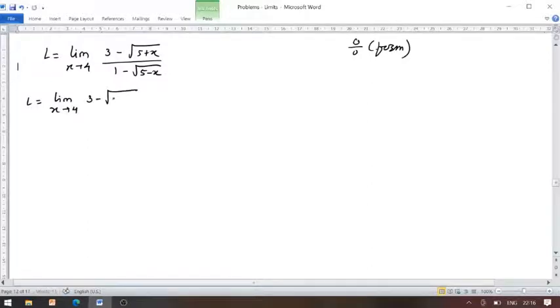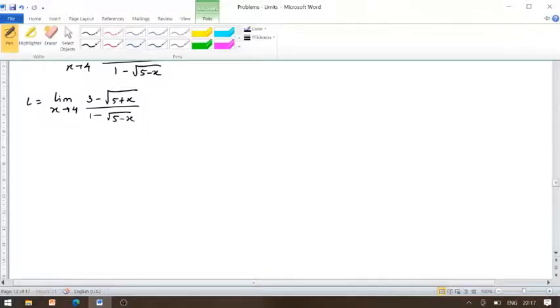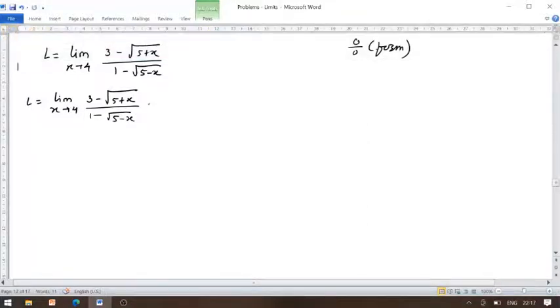So (3 minus root of (5 plus x)) divided by (1 minus root of (5 minus x)). Firstly we will rationalize the numerator. That means we have to multiply and divide by the rationalizing factor of the numerator, where we only change the middle sign from minus to plus. So (3 plus root of (5 plus x)) divided by (3 plus root of (5 plus x)).